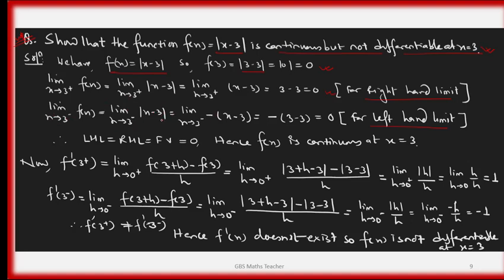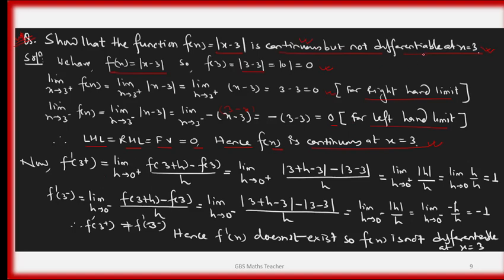In case of the left side, x is smaller than the particular point, so mod x minus 3 becomes negative of x minus 3, that is 3 minus x, which gives 0. So left hand limit, right hand limit and functional value are all zero, hence f of x is continuous at x equal to 3. The first part, continuity, is proved.